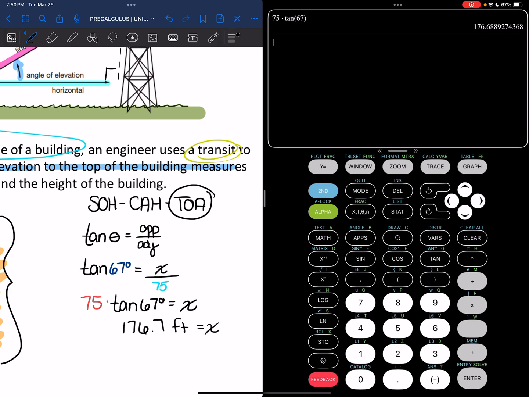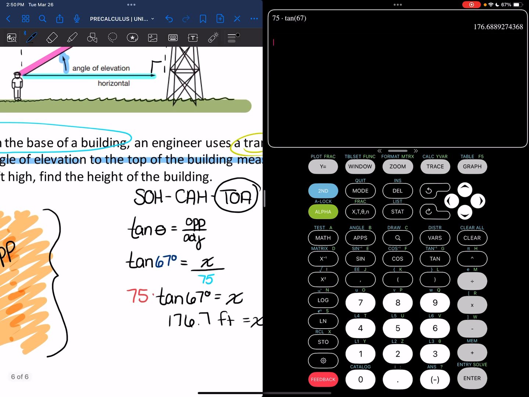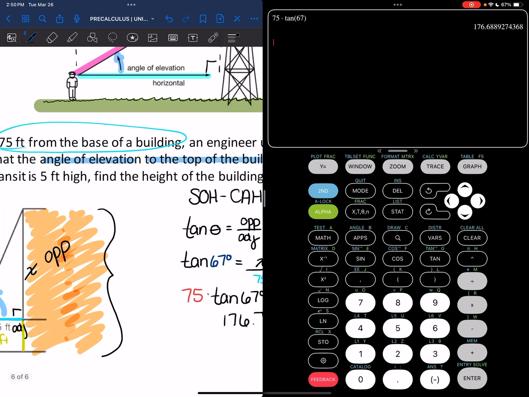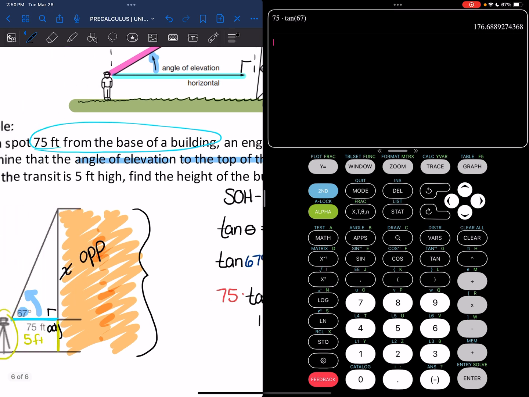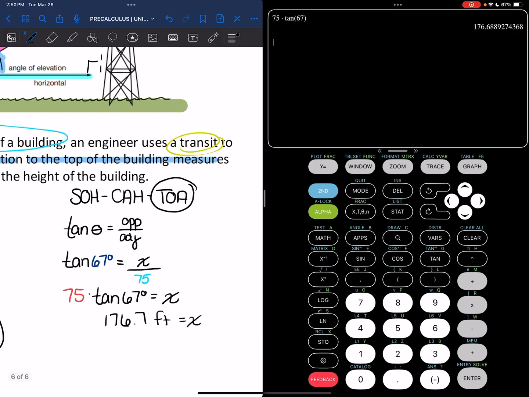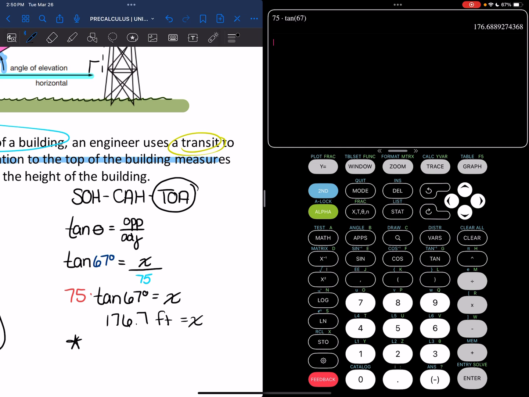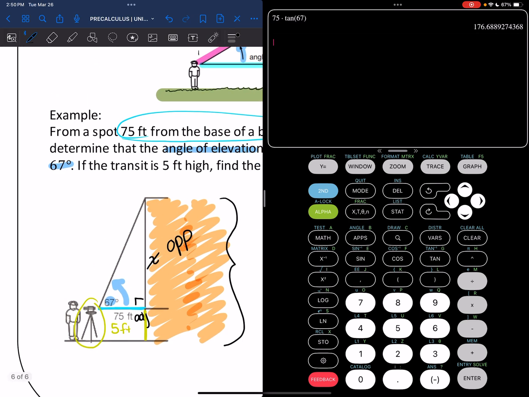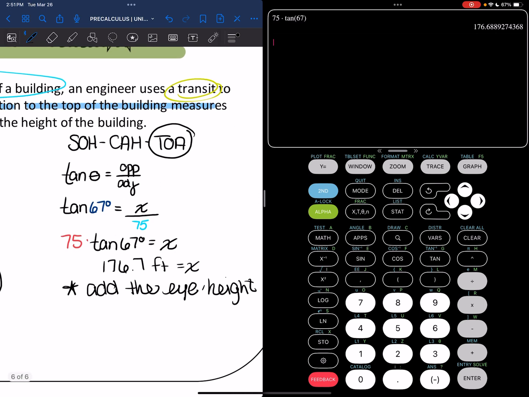feet. Now, ladies and gentlemen, that is the measure of our x, but that is not the entire height of our building. We need to make sure to add the instrument height to that, because we are measuring not from the ground, not from the very base of our building, but from a point 5 feet above that.